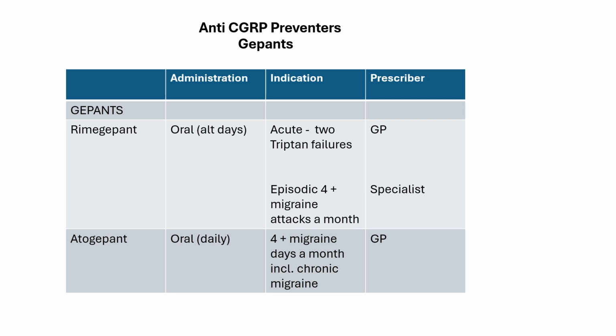Things are a bit confusing at the moment because the market is yet to settle down. But certainly atogepant looks like it's going to be available for both chronic and episodic migraine, and probably going to be initiated by GP. So I think rimegepant's going to have to change itself a little bit, but these drugs are going to revolutionize the management and prevention of migraine.